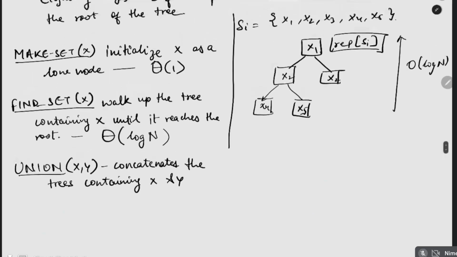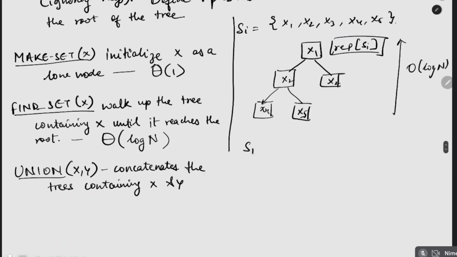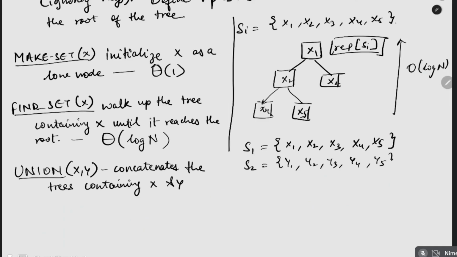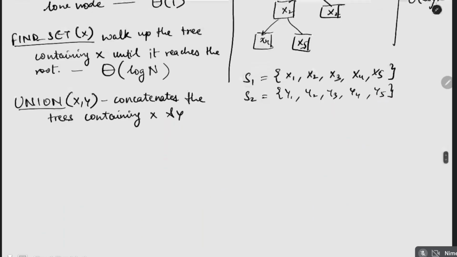So if we have S1 as x1, x2, x3, x4, x5, let's say, and S2 as y1, y2, y3, y4, and y5. We know from the above example how the individual trees for these sets will look, but let's say for this Sx and Sy, we want to perform a union of Sx and Sy.